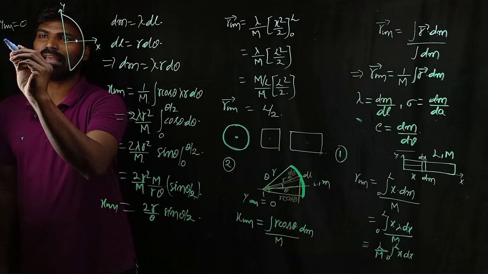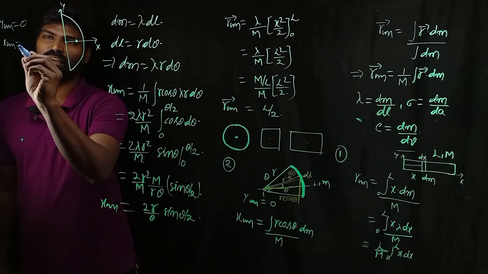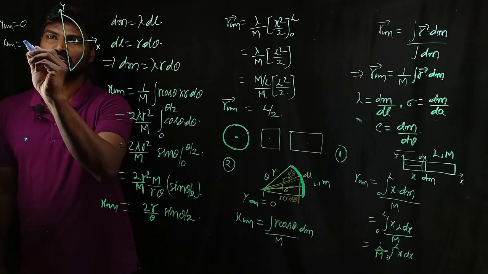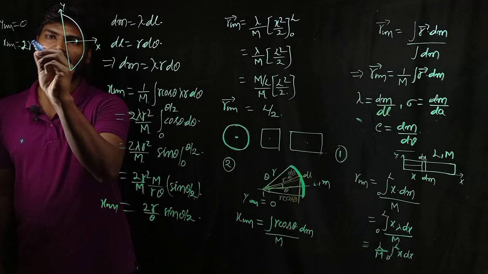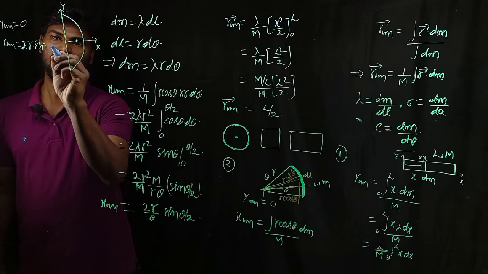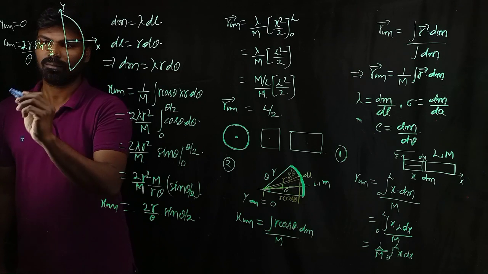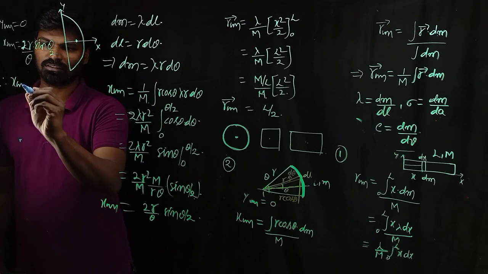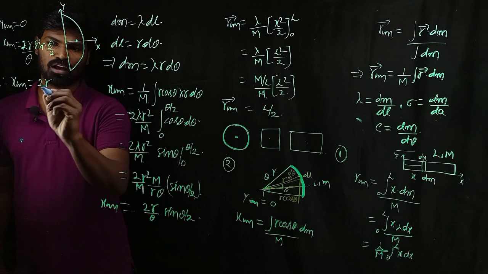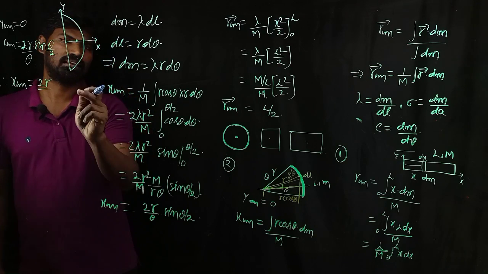To calculate x center of mass, I will use this expression: 2r into sin theta by 2 divided by theta. Therefore, x center of mass is 2r divided by theta.